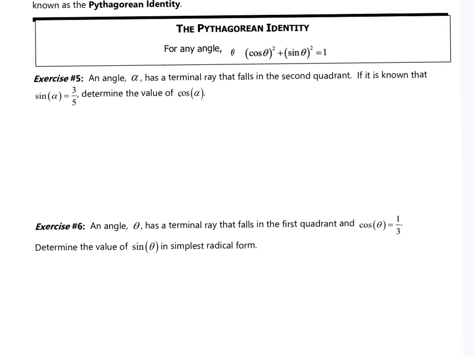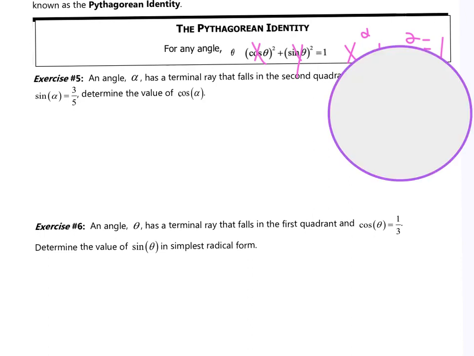However, what this should also hopefully look like to you, we just learned that the cosine and sine are x and y values, right? So if this was an x and this was a y, what is this the equation of? A circle, that's right. And doesn't that make sense? We are doing the unit circle.